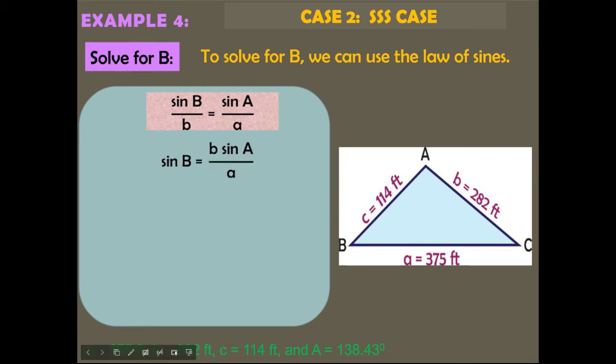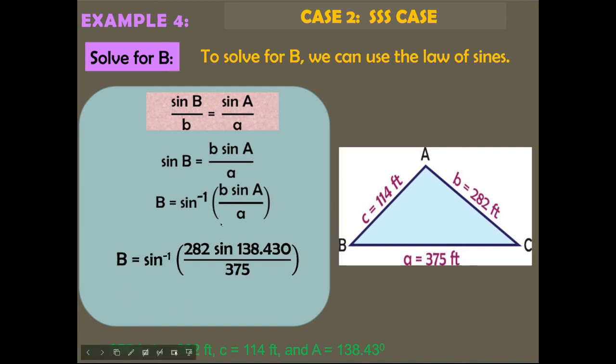By cross multiplication and dividing both sides by A, we will have sine B equals B sine A all over A. And to solve for angle B, we get the sine inverse of B sine A all over A. By substitution, we will have B equals sine inverse of 282 sine 138.43 degrees all over 375.